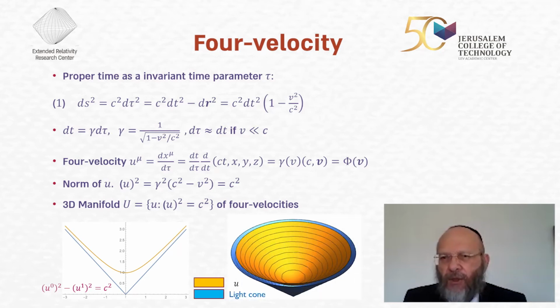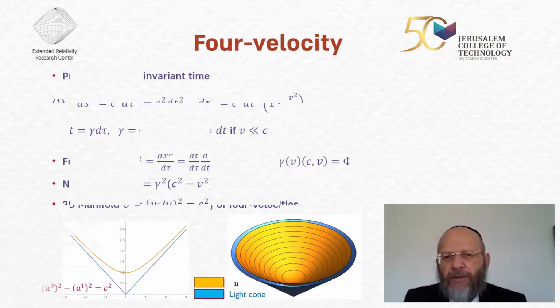So u is the four-velocity here, and the light cone is this one. Now, if you want to draw a three-dimensional picture, you once more have a hyperboloid, and you have a light cone in this way. So we have now a new way to represent the velocities, instead of three-dimensional, in four dimensions.